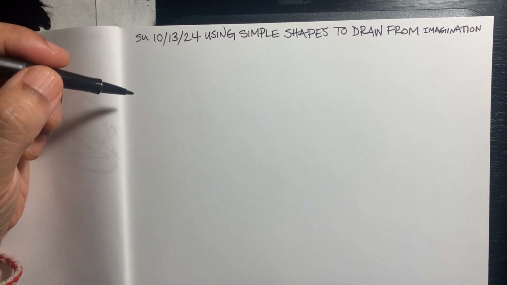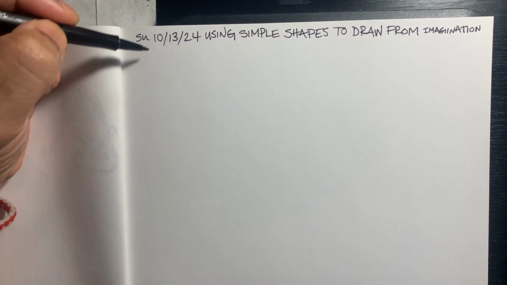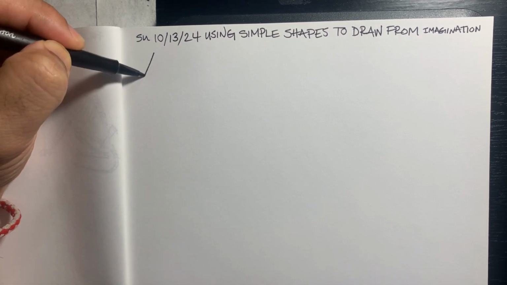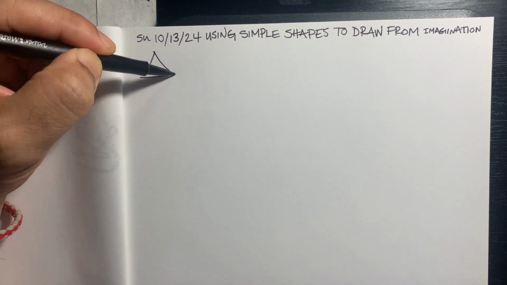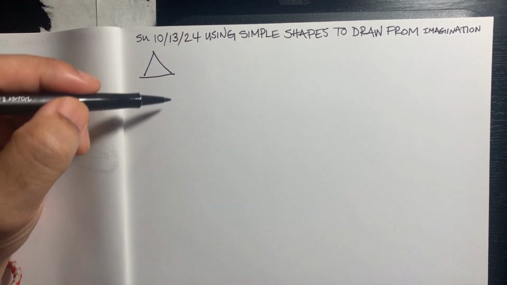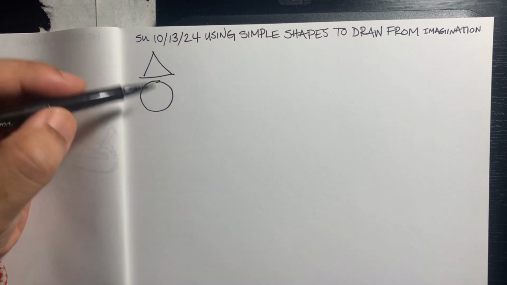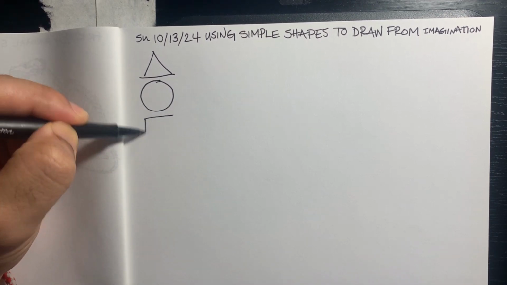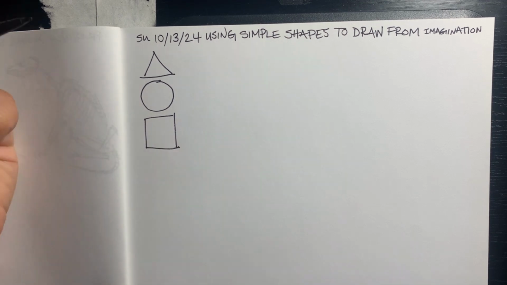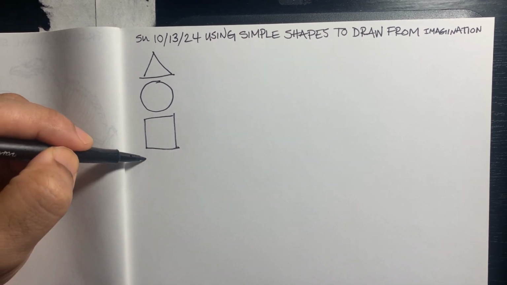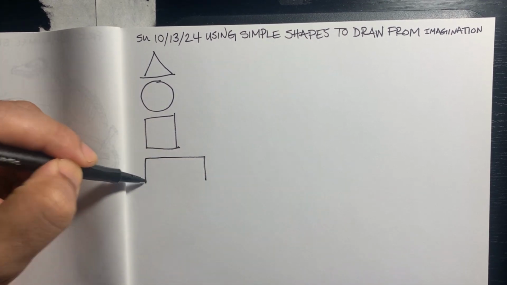So basic shapes are, you've got your triangle, you've got a circle, you've got a square, and a rectangle is basically a square.